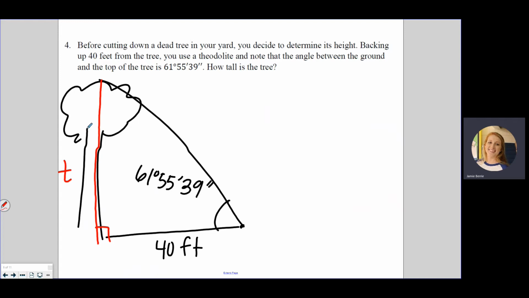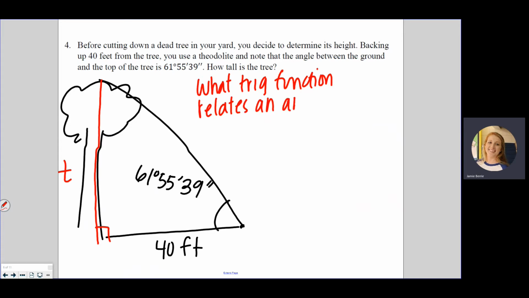All right, so you look at what you know and you look at what you want to know. We have this angle, we have the adjacent side, and we want to know the opposite. So you ask yourself, what trig function relates an angle to the adjacent and opposite sides?